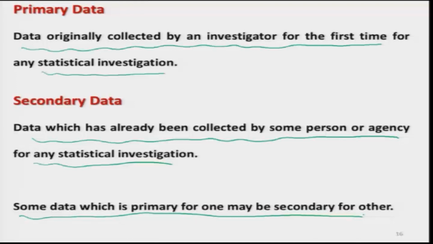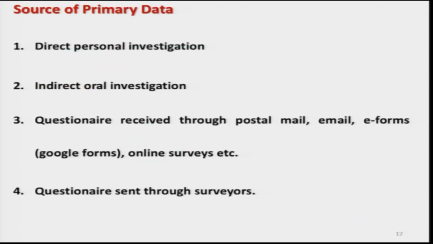The definition of primary and secondary data is very relative. Some data which is primary for someone may be secondary for another person. I am not going into that detail, but this was just for your information.